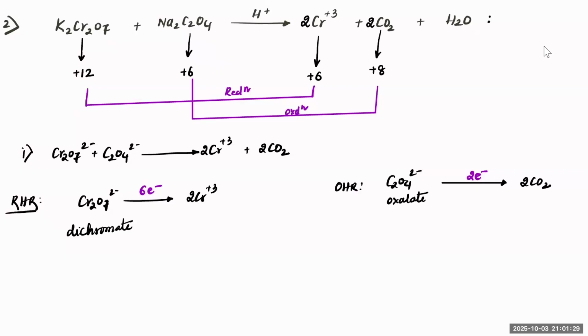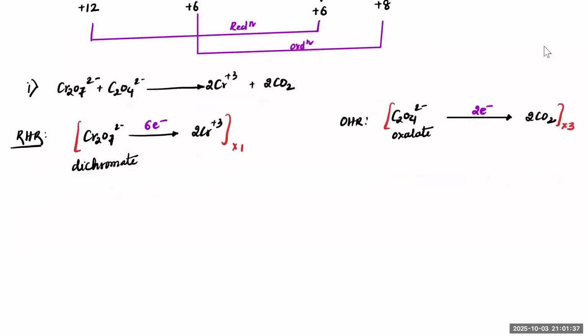Okay. Now to balance this, I have to multiply RHR with 1 and OHR with 3, and then add them both. So after adding, we will get the second one, which is about electron balance redox. Electron balance redox.